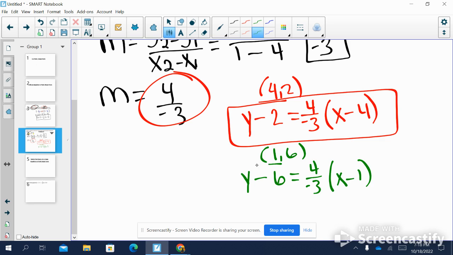Making the point slope form y minus 6 equals 4 over negative 3 parentheses x minus 1 close parentheses. And in both of these, they have the same slope. It's different points, but both of those points are on the line with that slope.